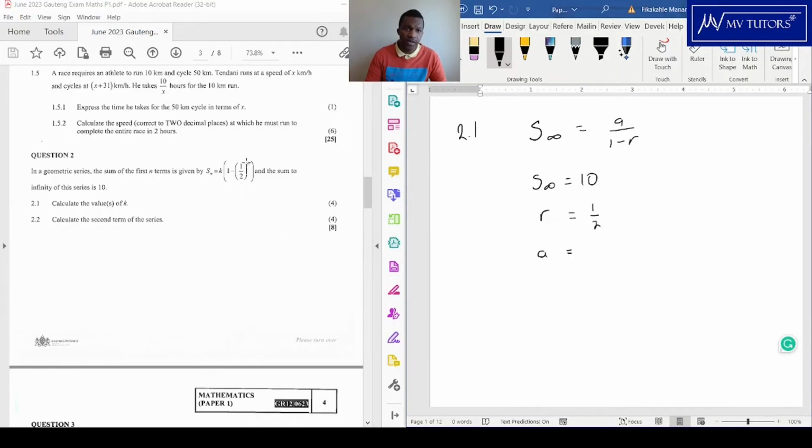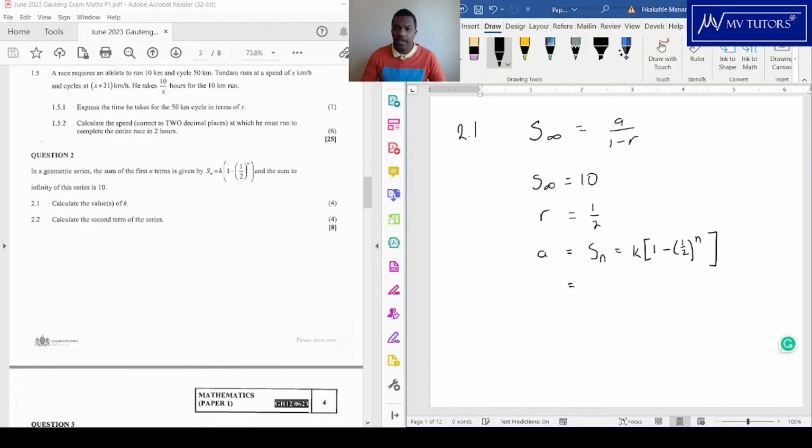All right, so we have this formula here. We can solve for a, because remember a is just, if I rewrite that formula, Sn equals k, and then square bracket 1 minus a half to the power n, and then close the brackets.